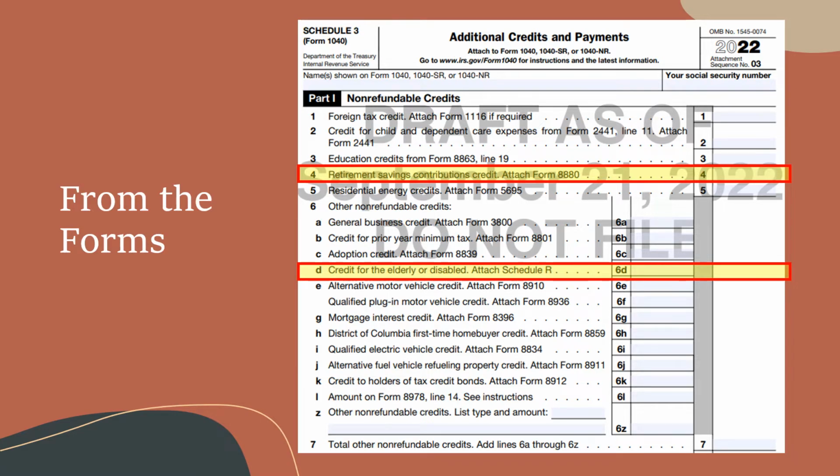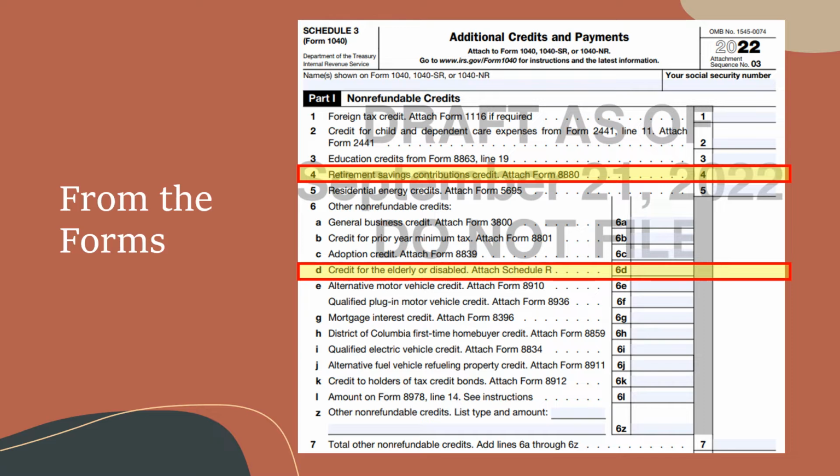Now, we've been discussing the differences between non-refundable credits and refundable credits. Remember, non-refundable credits can reduce tax down to zero, but that's all. And refundable credits can reduce the tax down to zero and beyond.